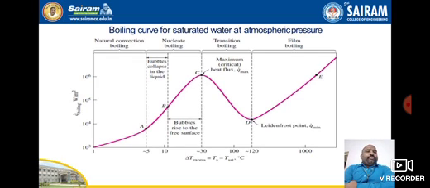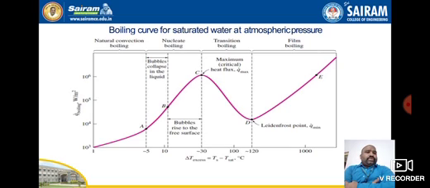Next, a very important concept: the boiling curve for saturated water at atmospheric pressure. In the examination, they may ask you to discuss the boiling regimes or conditions, the various conditions during saturated boiling on the curve of water at atmospheric pressure. They may ask for an 8-mark theory question, so it is very important.